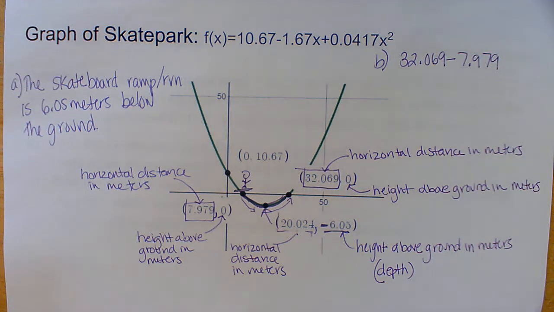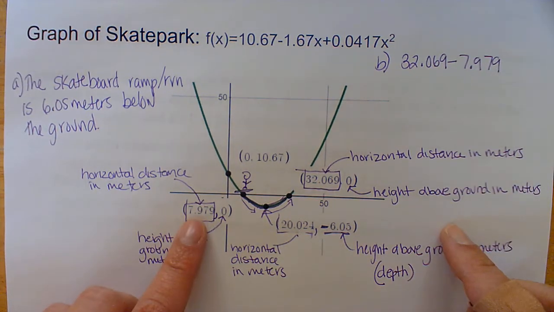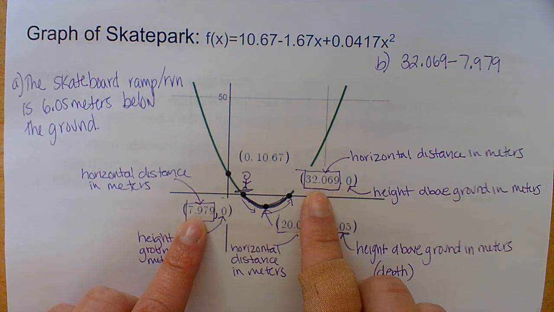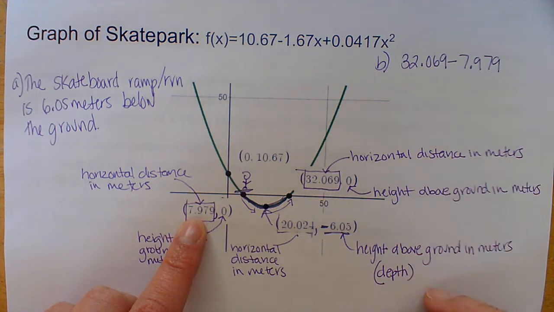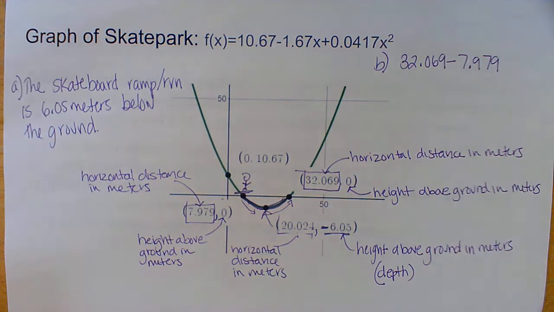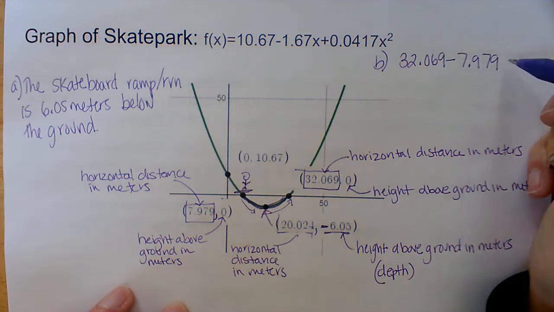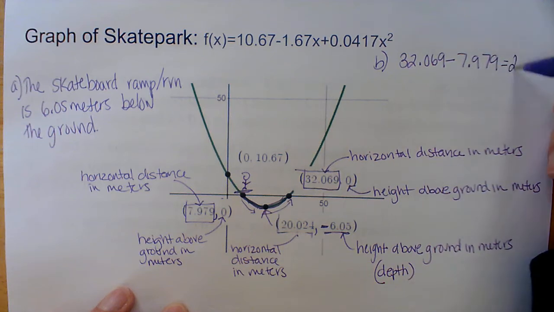Before I dropped my calculator, we were looking at this x-intercept and this x-intercept and what they represented, which was that skate ramp right here. What I wanted to do is subtract 32.069 minus 7.97 to get that actual distance, which is 24.099.